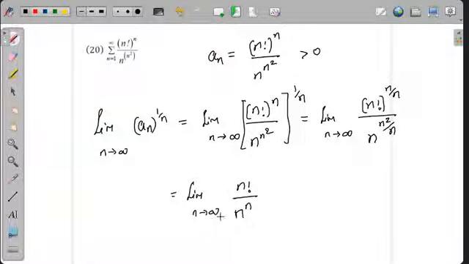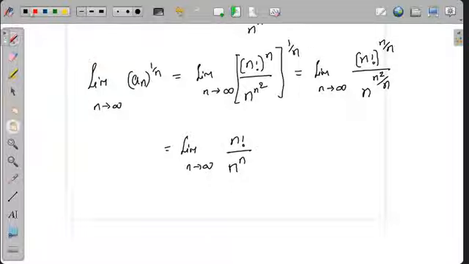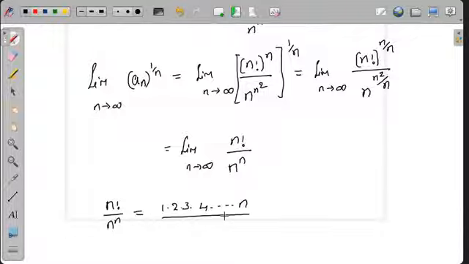Okay, now we need to see its limit. But directly finding the limit is not easy here, so we need to use some technique. The technique is n factorial over n power n equals 1 into 2 into 3 into 4 and so on up to n, over n into n into n and so on n times.